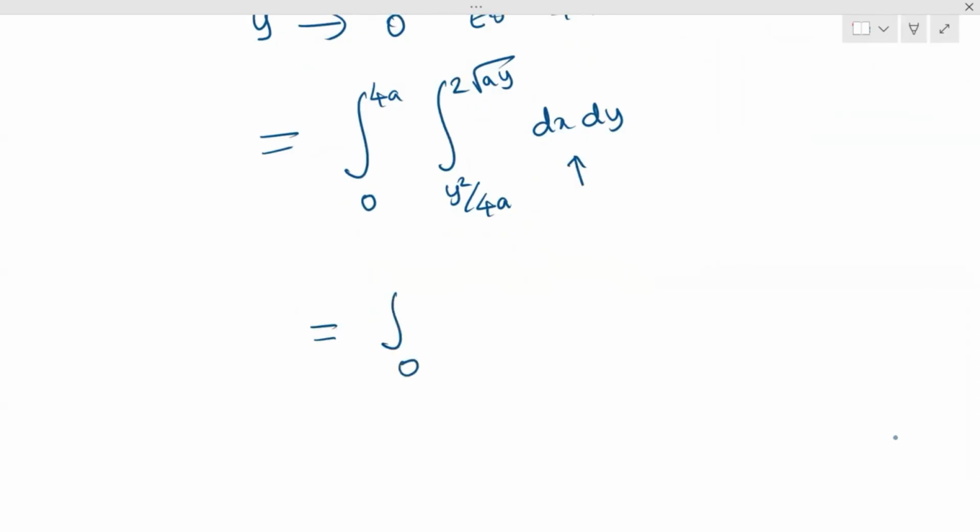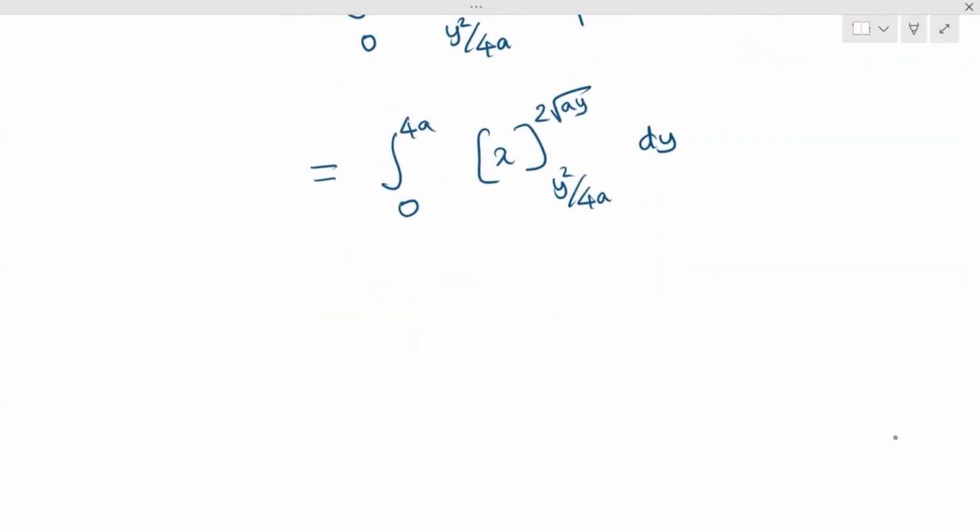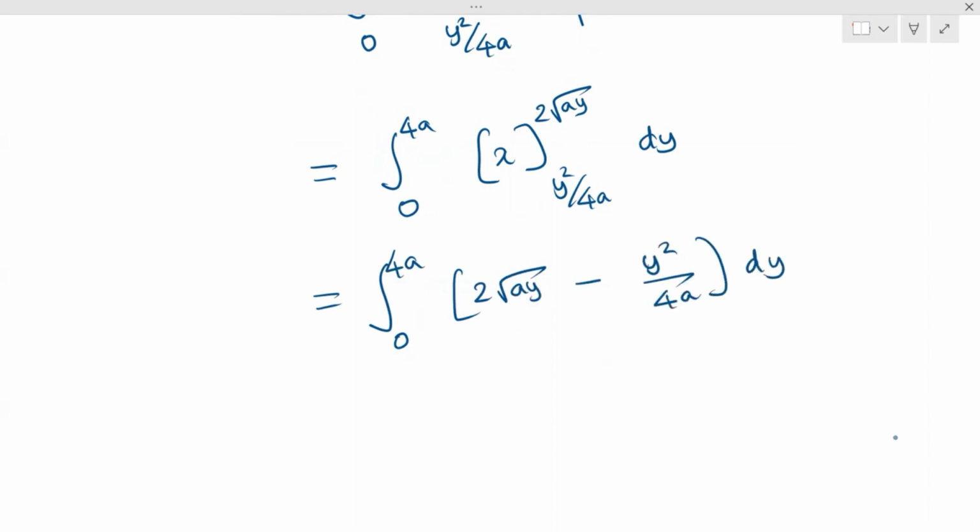So, integration of dx is x. x between y square by 4a and 2 root ay, dy. Now apply the limits. Upper limit is 2 root of ay minus y square by 4a, dy.